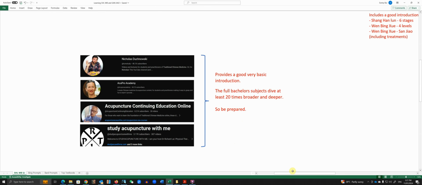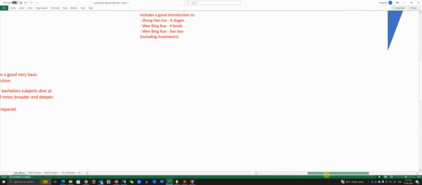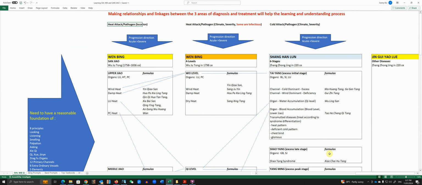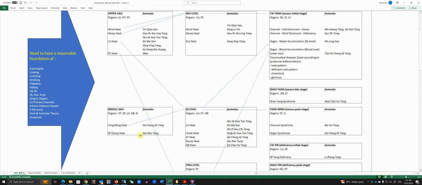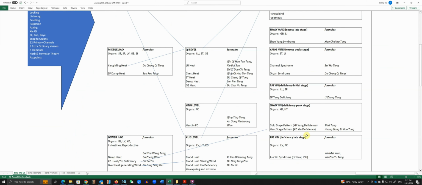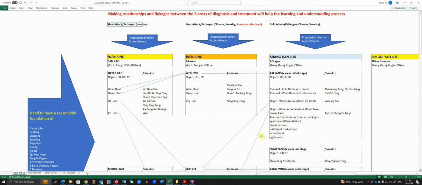So what I did was I created this map or summary comparing the Shang Han Lun, the Wen Bing 4 levels, and the Wen Bing San Jiao, doing a side-by-side comparison of the levels, the syndromes, and the formulas, and made some linkages between the three, because there are a lot of differences as well as relationships and similarities between the three.